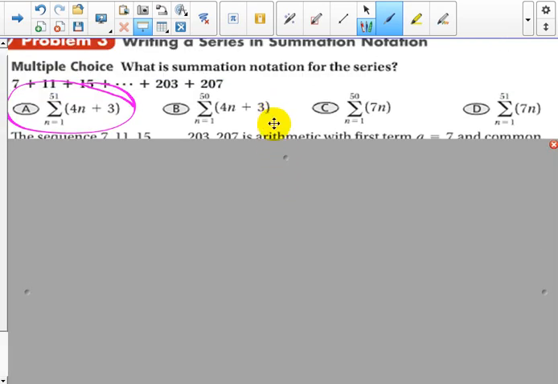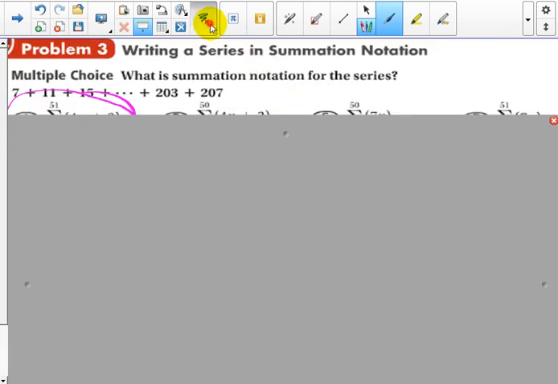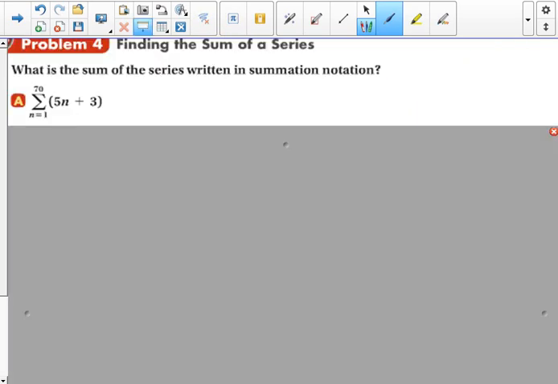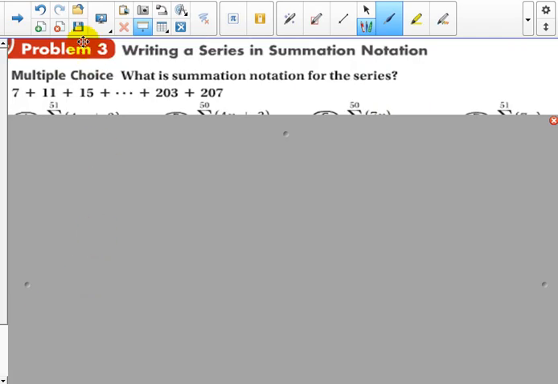Okay? So now I would like for everybody to keep moving on, but your problem set for these tonight is problem 3. I want you to skip 12, and you're going to do 13, 14, and 15, like this problem. 13, they've basically done it for you, and you're going to figure out the number of terms, which they already gave you.